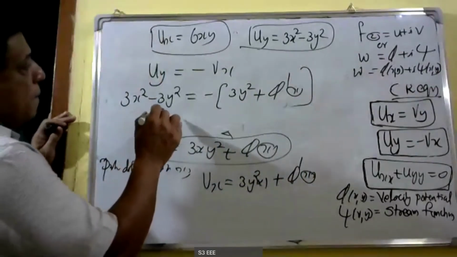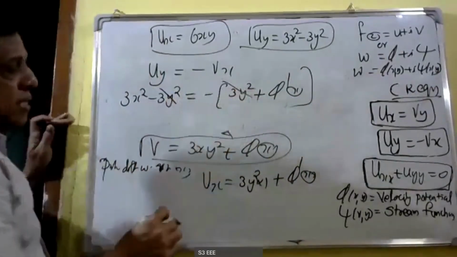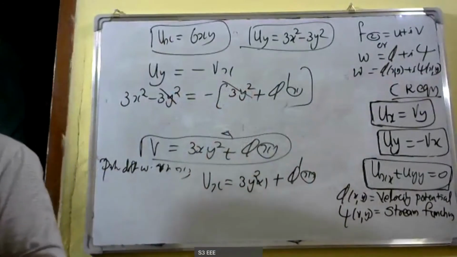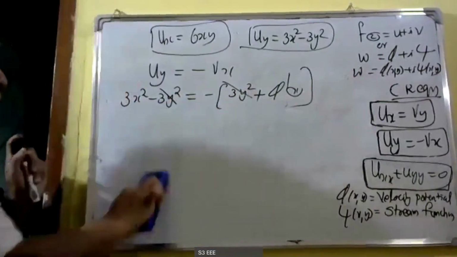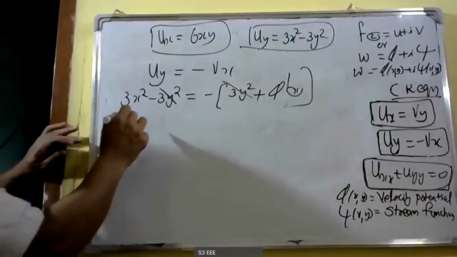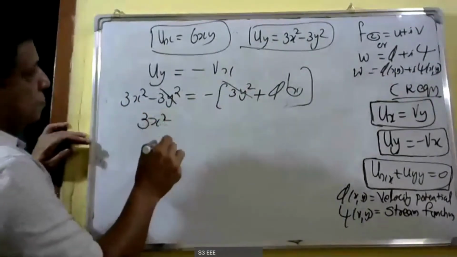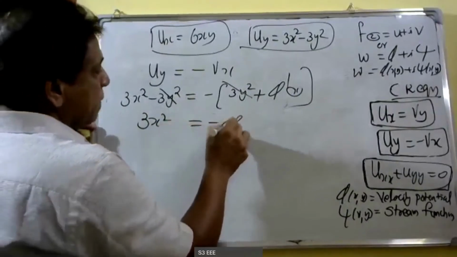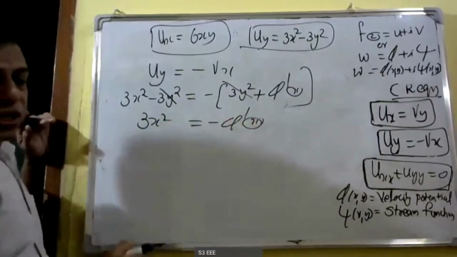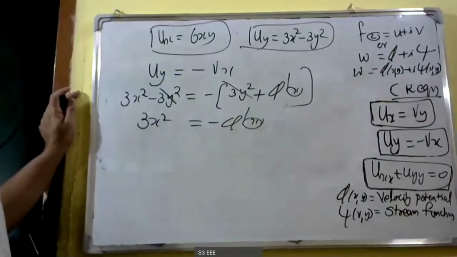Here, minus 3y squared and minus 3y squared cancel. Then the balance portion, 3x squared is equal to minus phi dash x.